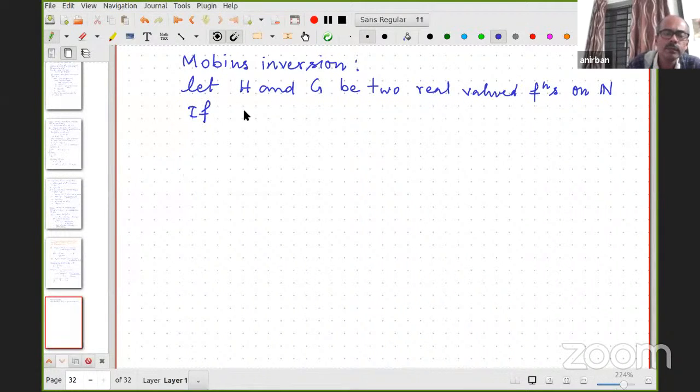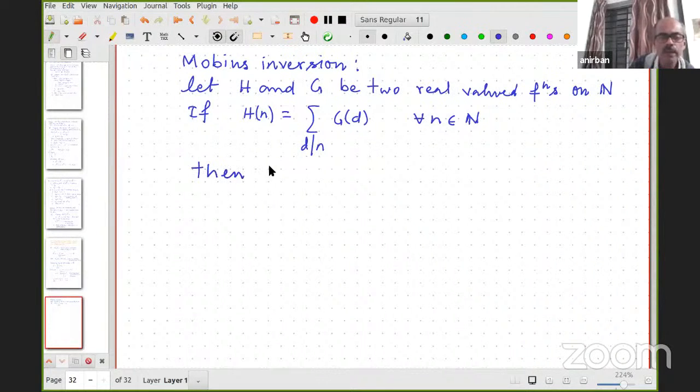So if h of n is the sum over d dividing n of g of d, so if one function is a divisor sum over the other function for all n, then you can invert this formula to express g of n in terms of a divisor sum of h, where you need to introduce the Mobius function.